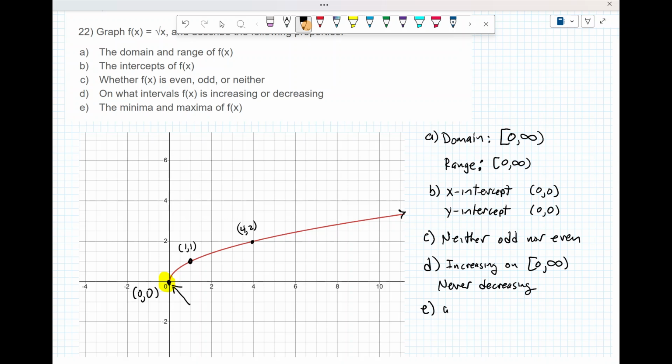So there is an absolute minimum at 0, 0. The absolute minimum happens at the point 0, 0, and the absolute minimum of this function is equal to 0. That's the smallest possible y value.